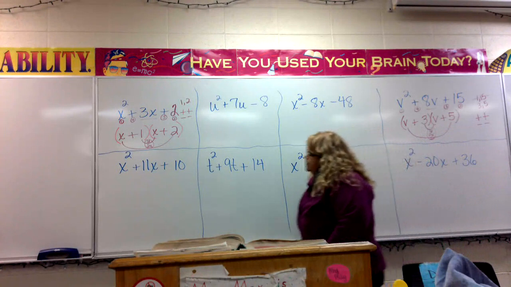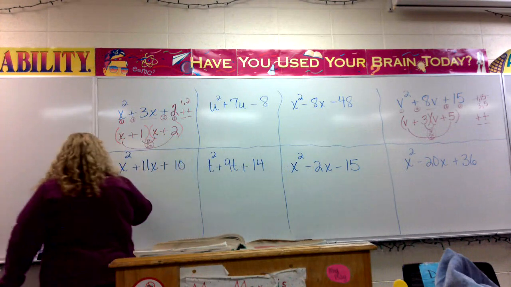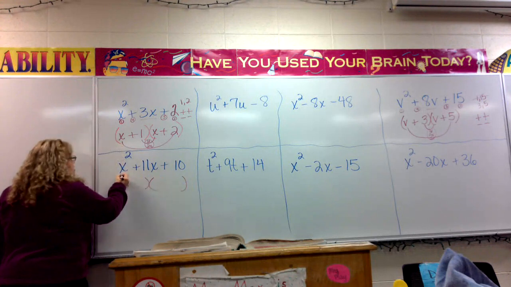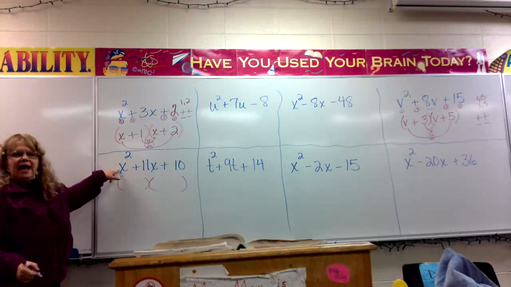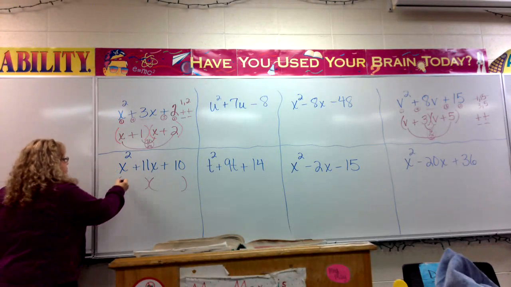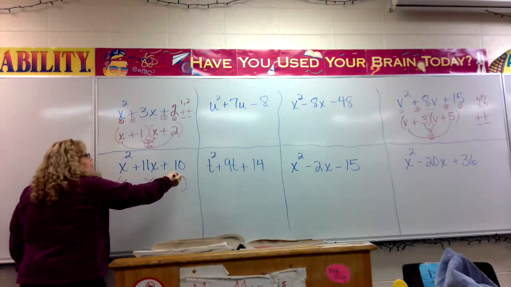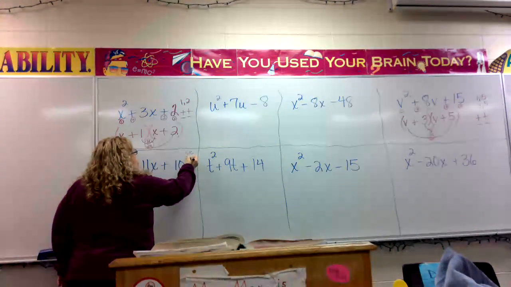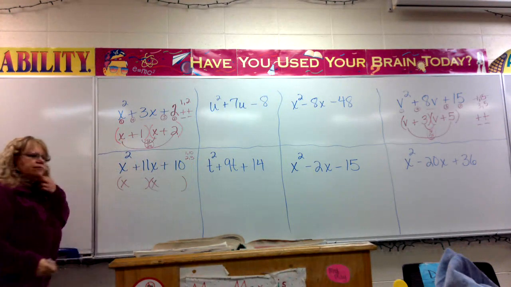How about this one? Here, x squared has to be x times x. Down here I have 10. 1 and 10, or 2 times 5.